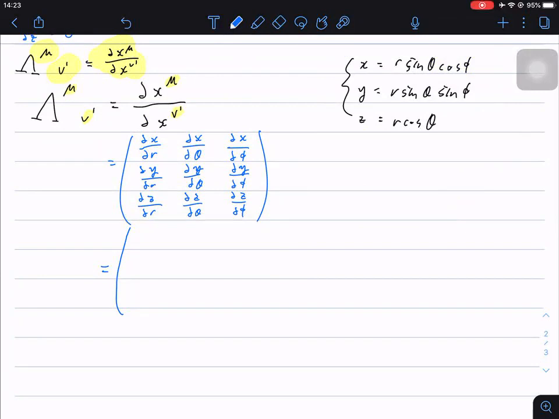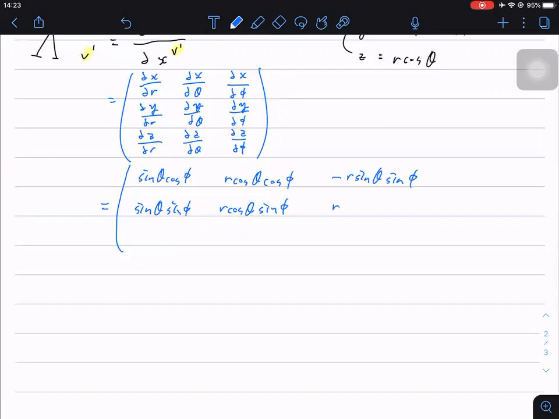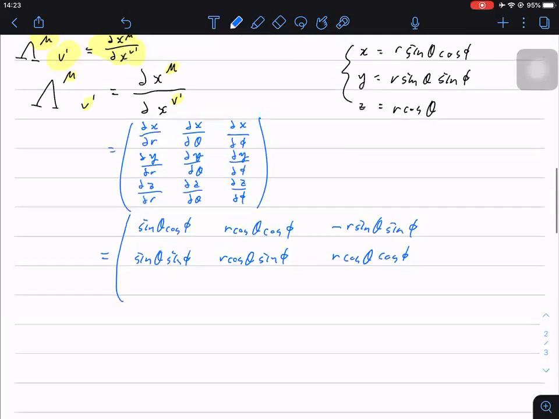Okay, for the first row, the first one is just sine theta cosine phi. Second one, r cosine theta cosine phi. Third one, minus r sine theta sine phi. For the second row, we have sine theta sine phi here, r cosine theta sine phi here, and lastly r sine theta cosine phi here.